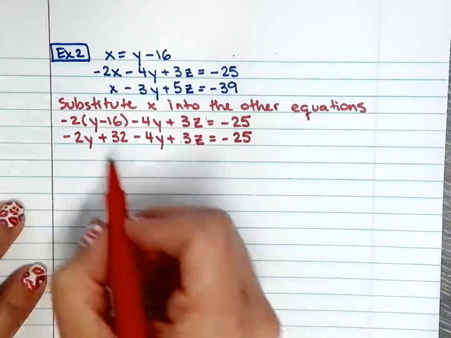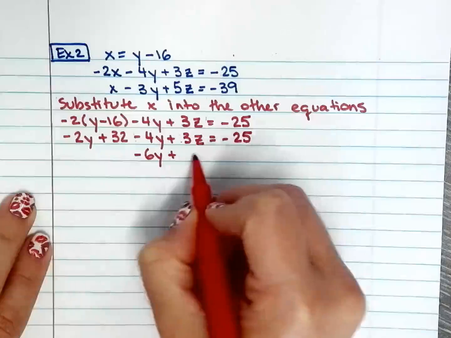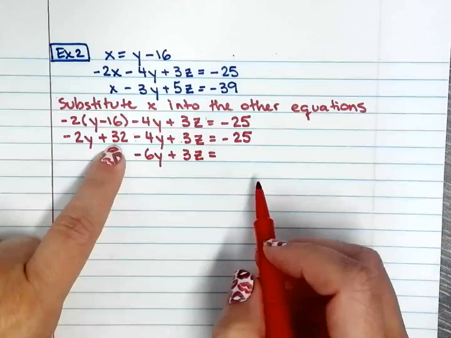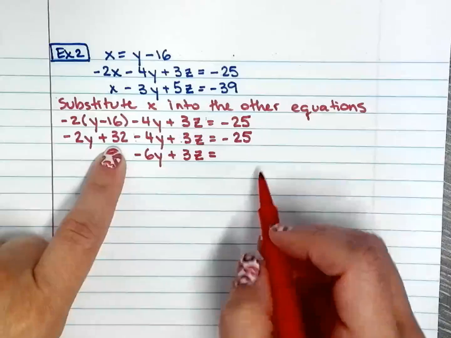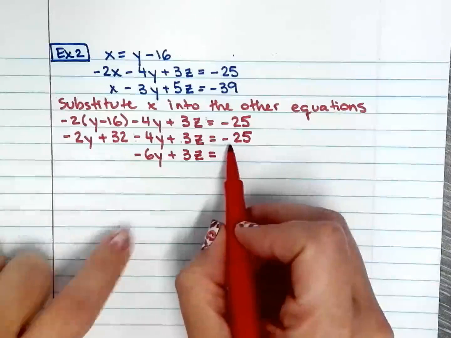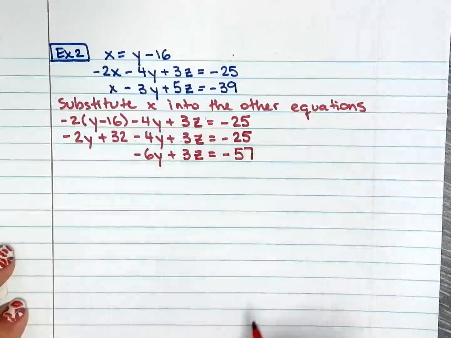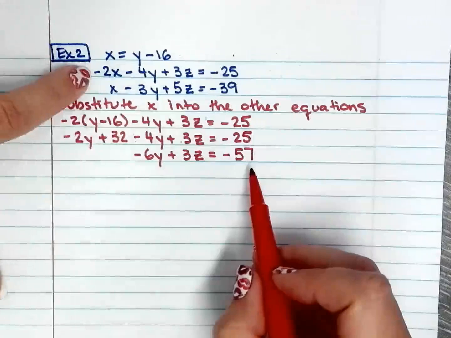Combine like terms. And at the same step, I'm going to subtract 32 from both sides. -32 and -25, it's -57. Okay, so this is my new equation right there.